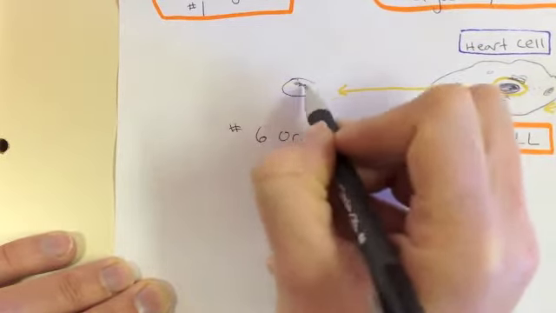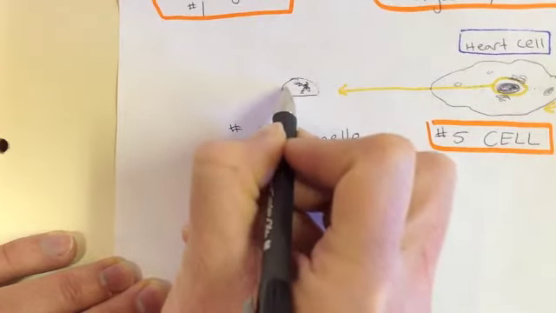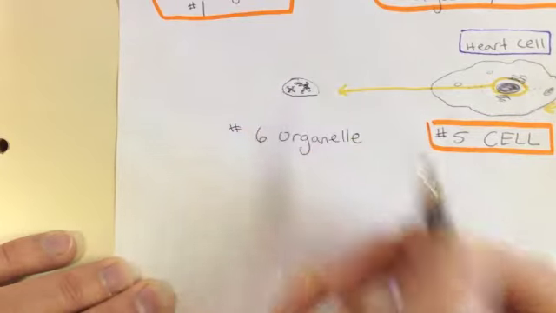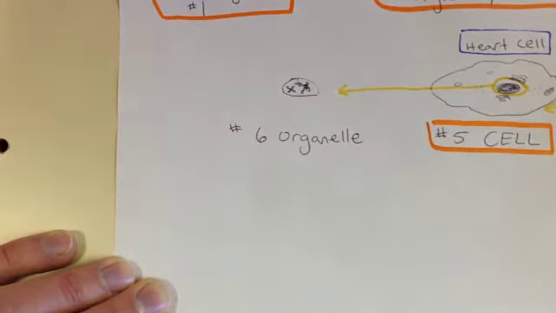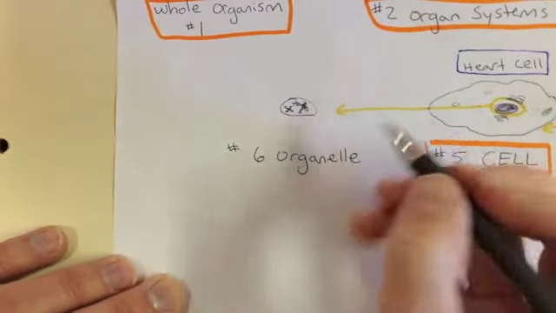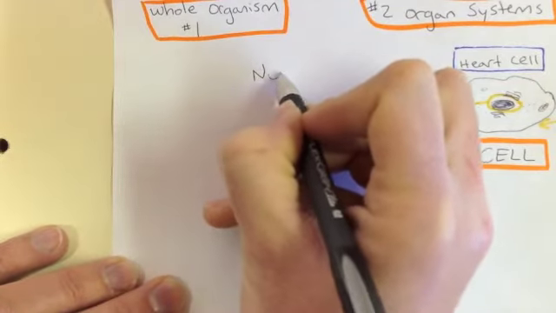And inside of this nucleus, I'm drawing these kind of squiggles in an X-like shape. And several of you, before we left, were able to tell me that those were chromosomes, where the DNA is housed.